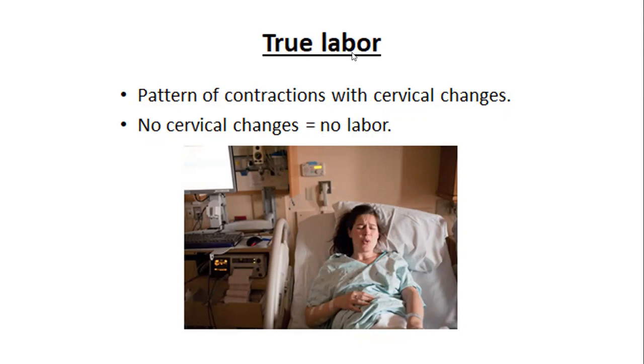Labor is the process by which the fetus and placenta leave the uterus. Delivery can occur in two ways: vaginally, through the birth canal, or by cesarean section, surgical delivery.